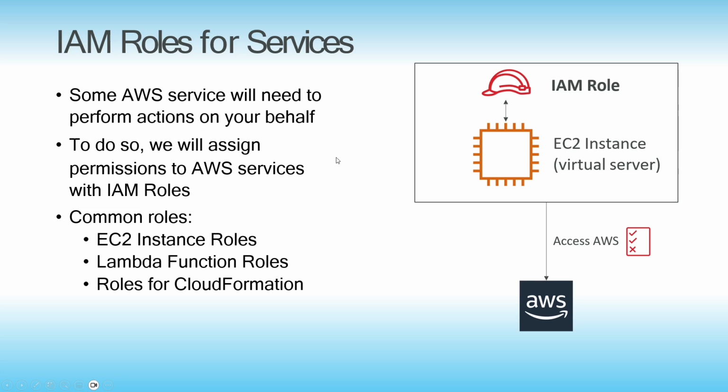Now come to the main thing, role. What is a role in AWS? Some AWS services will need to perform actions on your behalf. What does it mean? Take the example I gave a few minutes back. You have a program where you want to access an S3 bucket, meaning access the file in the S3 bucket.